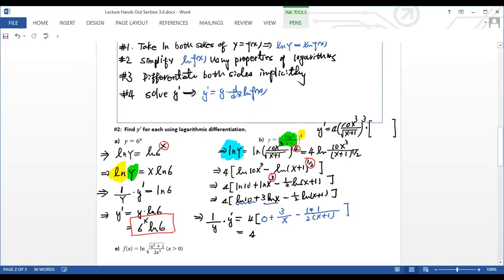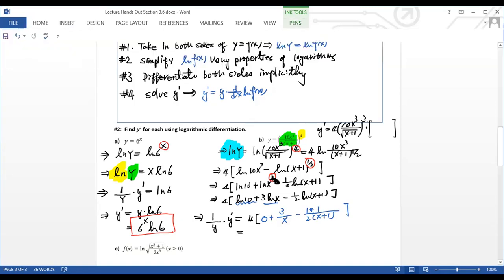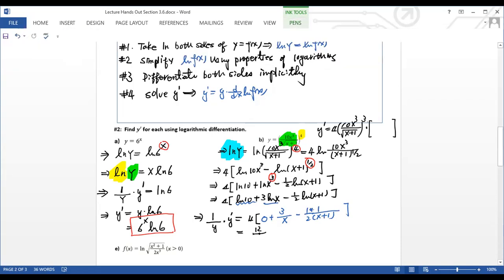So this will be the 4. If you want, you can simplify a little bit. So you can say this is 12 over x minus 2 over x plus 1, where 4 times 1/2 is 2, right?